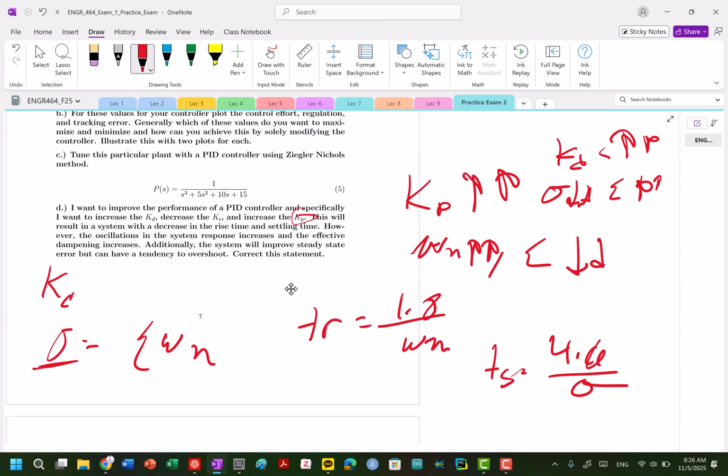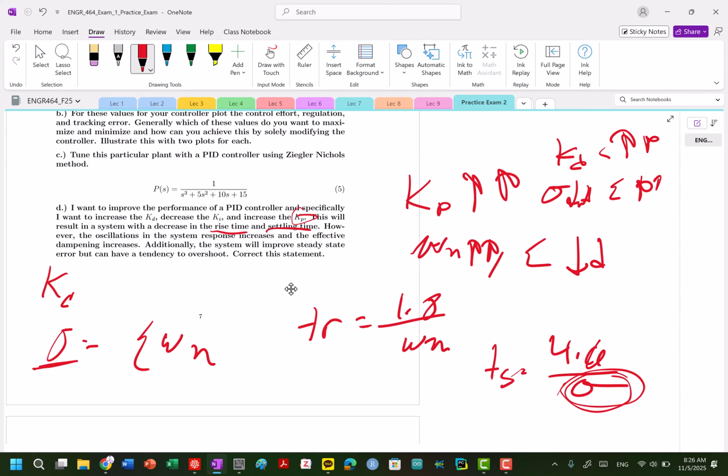So if I increase KD, I get more damping. The poles move leftward. Excuse me, not more stiffness, I have more damping. And if this gets larger in magnitude as I increase KD, then that's true. So I will also get an improvement in settling time.